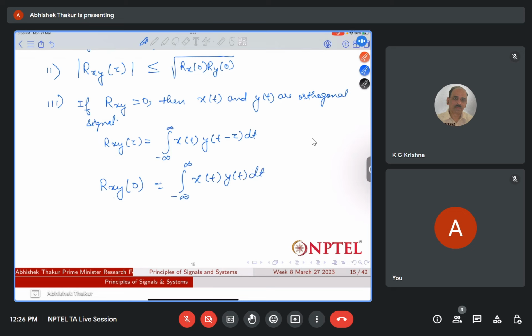Now Rxy of 0 is equal to 0, this means this integration will turn to 0. And if this term is equal to 0, this means x(t) and y(t) are orthogonal to each other.